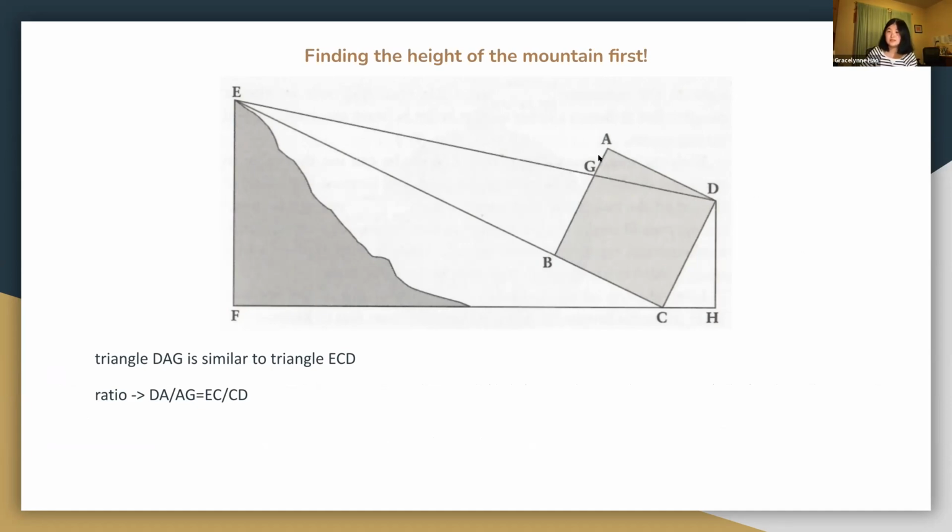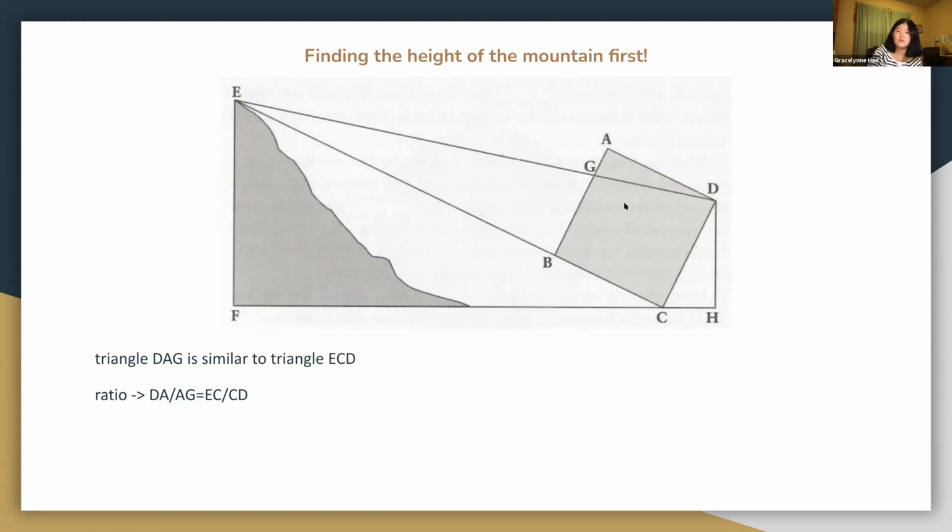So this is DAG and this is ECD. This is proof by AA similarity. From this similarity relationship, we can take the ratio of DA over AG is equal to the ratio of EC over CD.